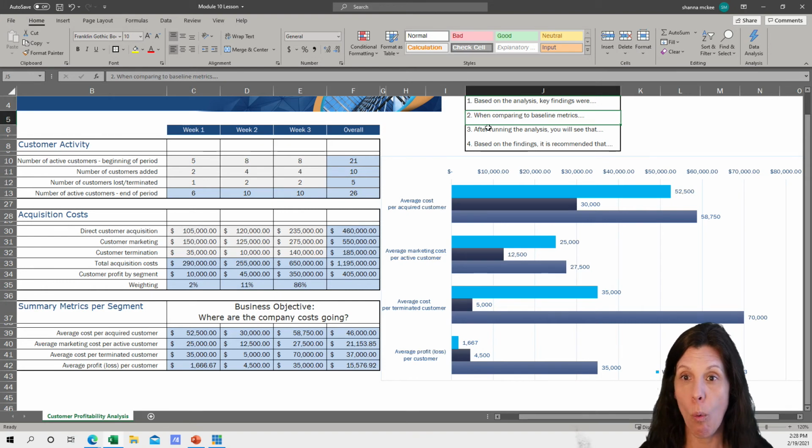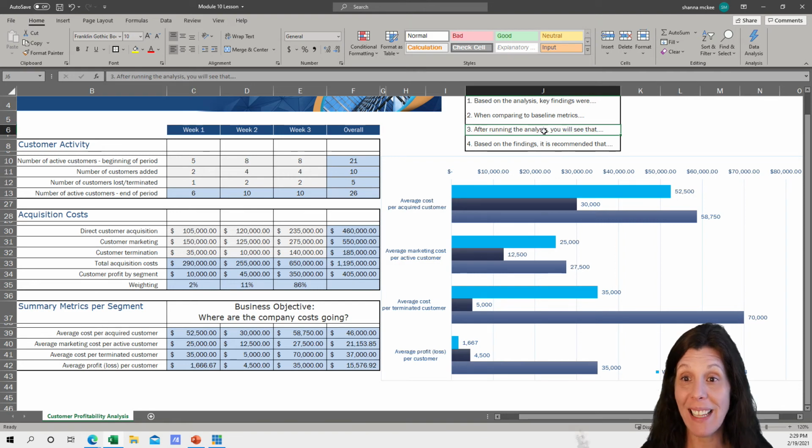The second one, when comparing to baseline metrics. When comparing to the baseline, we can see that week 2 was where the lesser amount of company costs was going across all customer categories.